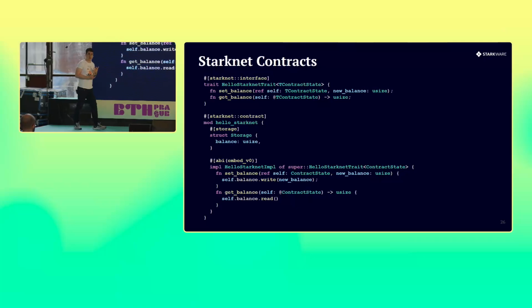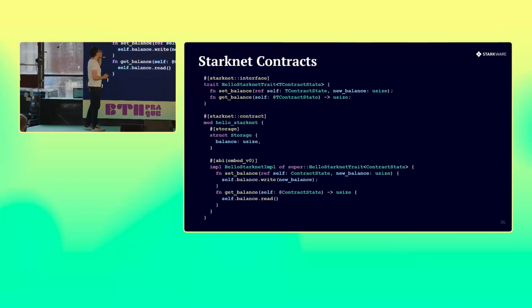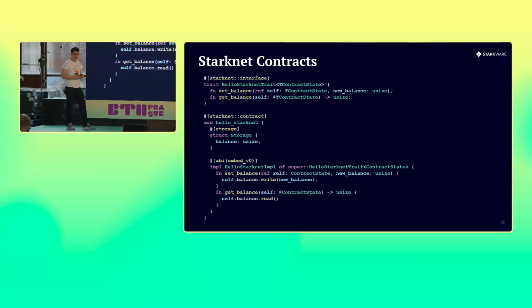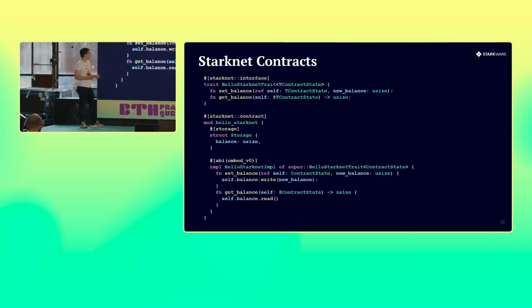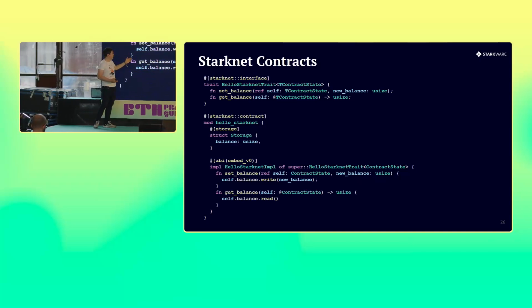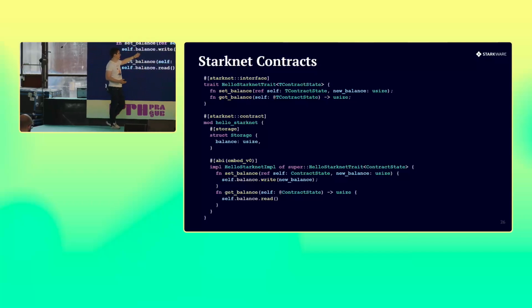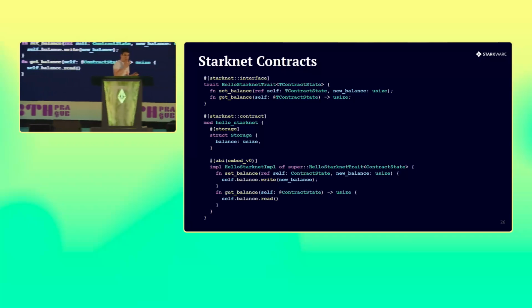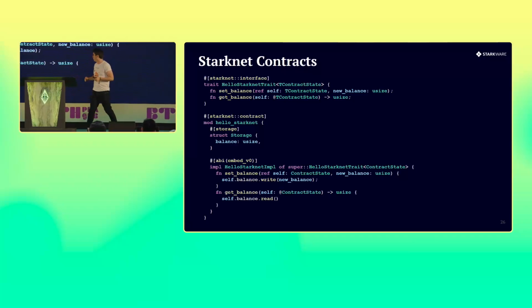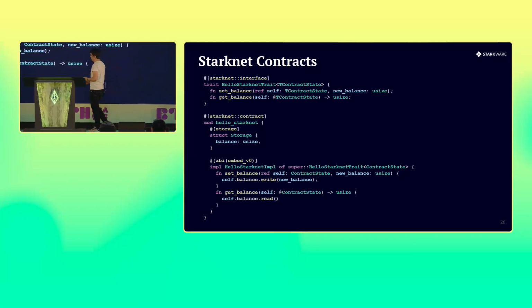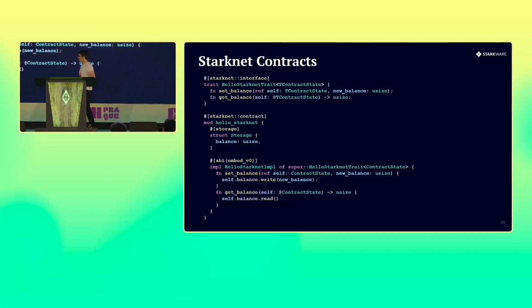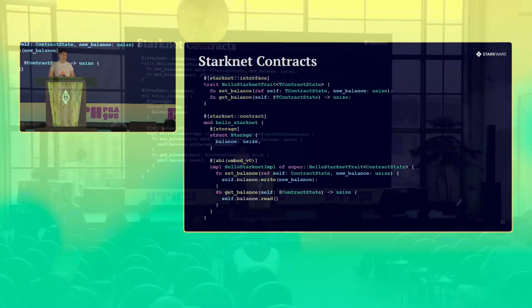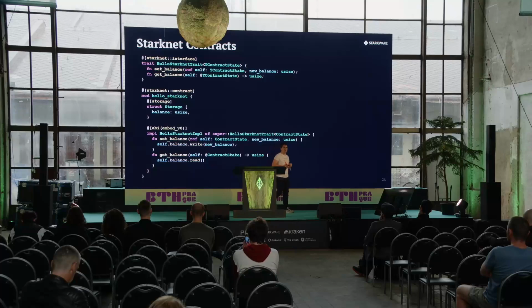This means that this contract can access a balance field in the storage, and then we implement the interface that we defined above. There is nothing fancy. You do self.balance.write, new balance. If you developed a little bit in your life, it should look familiar to you. The same with read. You can do whatever you want.